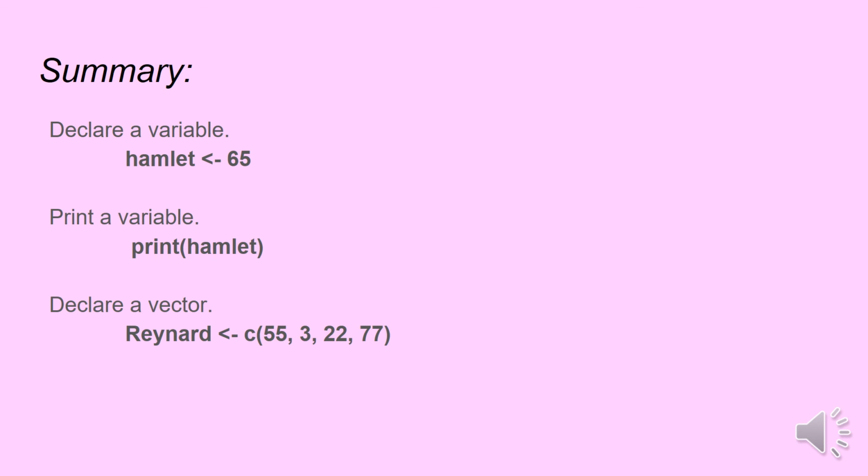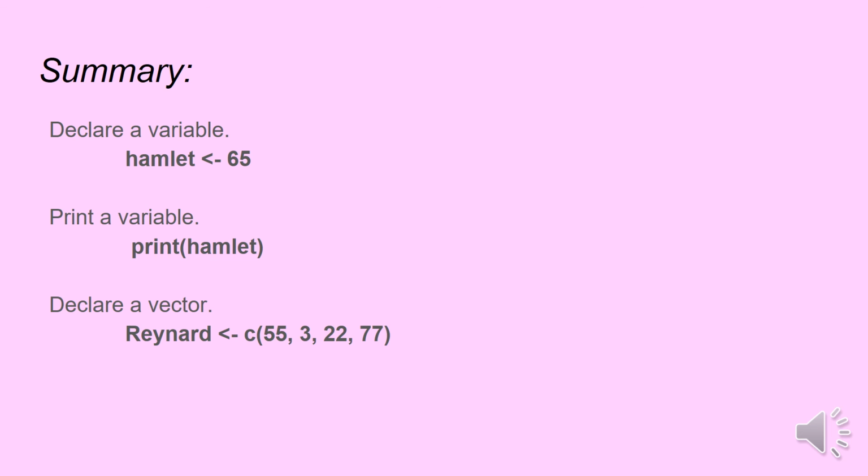Okay, so just a quick summary. First, we declared a variable. We gave the variable a name Hamlet, and we assigned the value of 65. Then we printed it out. We printed the value of Hamlet. So if we command print Hamlet, it will print out 65.